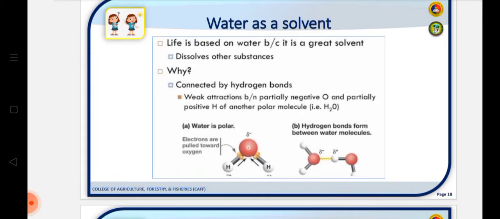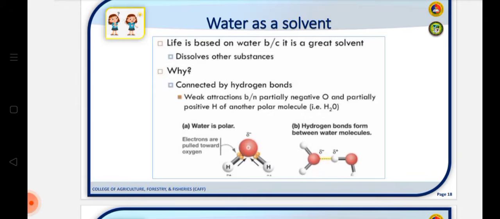What do we mean by water is polar? Polarity means that a molecule has regions of partial positive and partial negative charge due to unequal sharing of electrons. So the oxygen is partially negative while the hydrogens are partially positive in the case of water molecules. A water molecule is two hydrogen atoms and one oxygen atom, right? Oxygen is more electronegative than hydrogen because it pulls electrons closer.